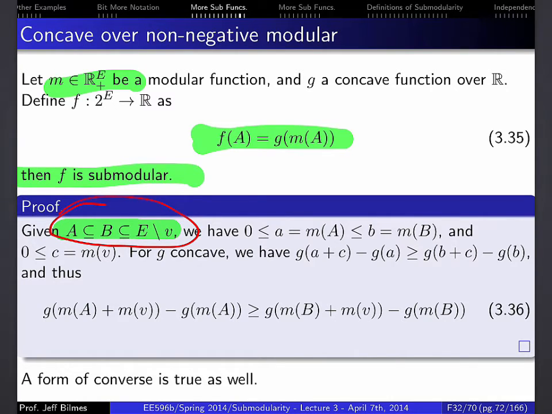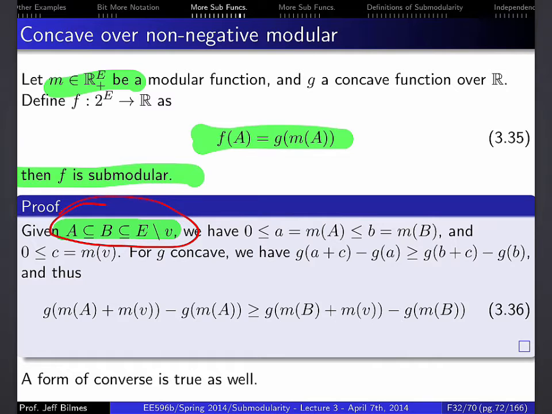So what this means is that A is a subset of B, obviously, but E is our ground set. E is fixed, and we're saying B is a subset of E except for V. So by saying that, we're singling out an individual element V, and we're saying that V is not contained in B. Right? So B can't be the ground set. B cannot contain V, and that's what that notation means. It's just a shorthand for that.